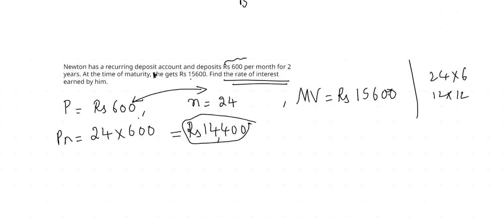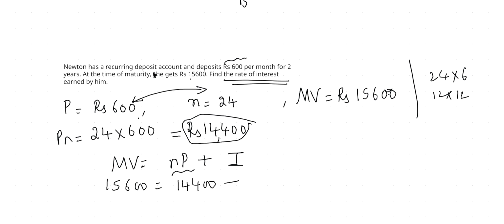So finally, maturity value is this nP plus whatever interest he gets. He's getting some profit, right? nP is his investment. Anyway, he's just getting it back. So over and above that, he's getting this interest. We'll just substitute: 15,600 is equal to 14,400 plus I, the interest, which I need to compute.